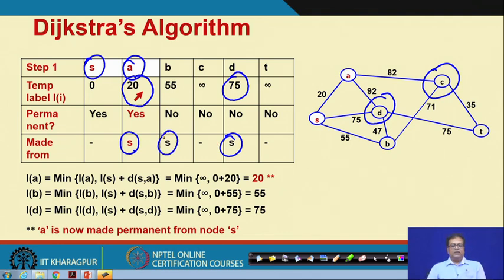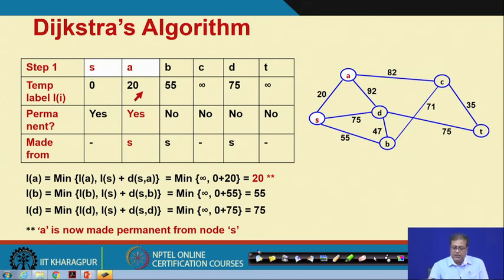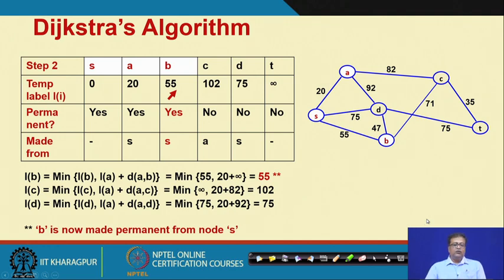So, all of this has been noted. After having noted this, let us move to the next slide, and here we find that we have made B permanent now.